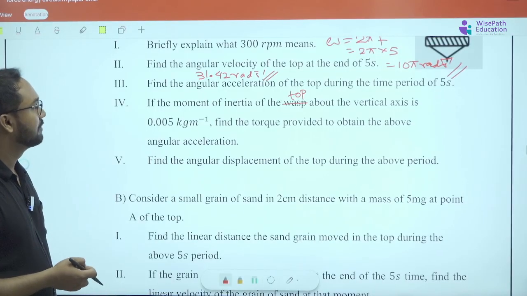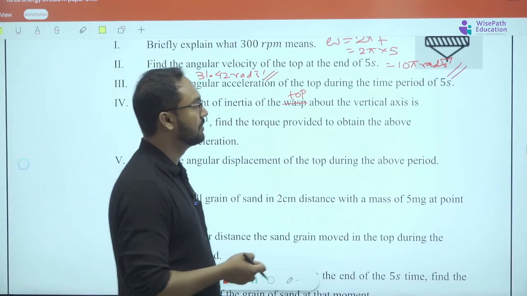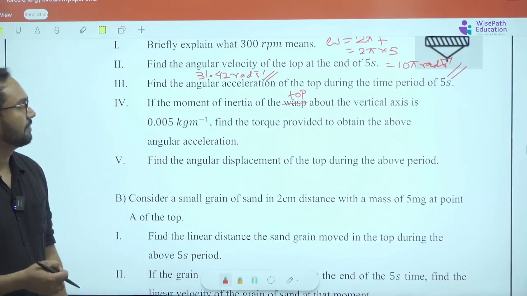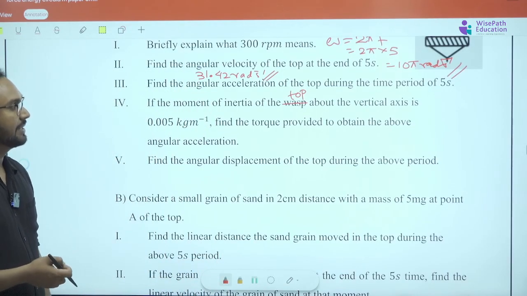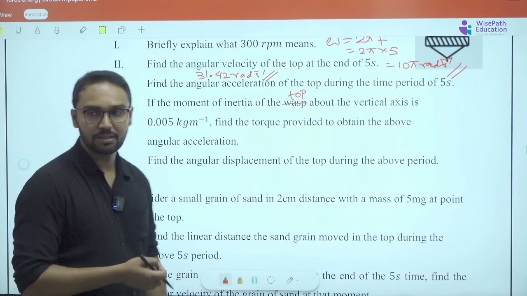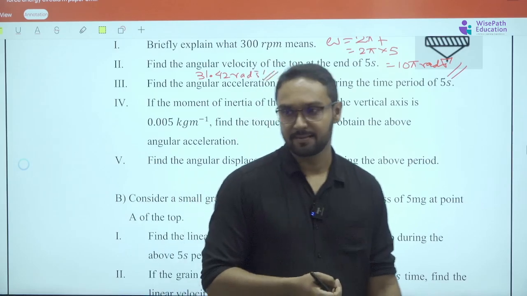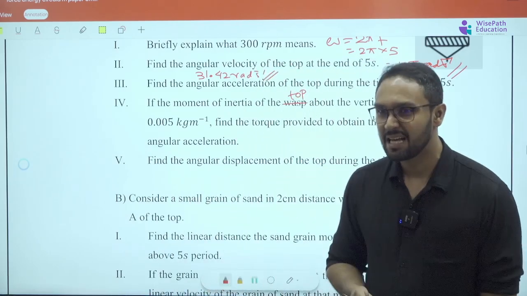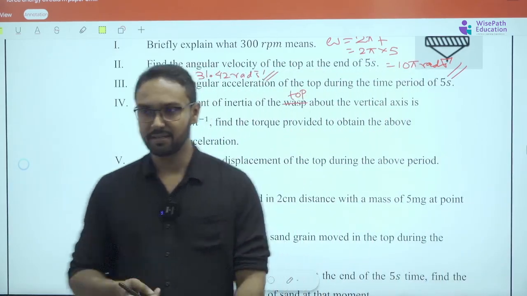If the moment of inertia of the top about the vertical axis is 0.005 kilograms per meter, find the torque provided to obtain the above angular acceleration. So how do you find the torque? Tau equals I alpha. They are asking to find the torque.